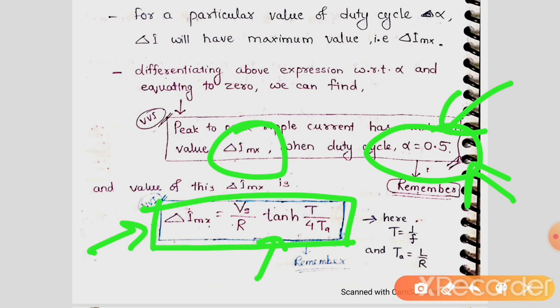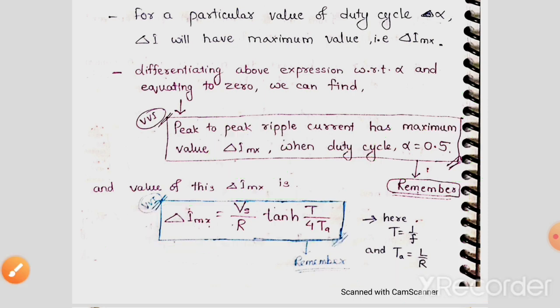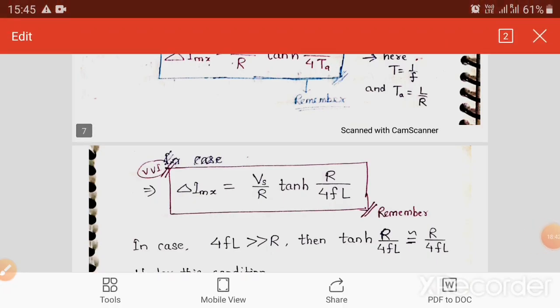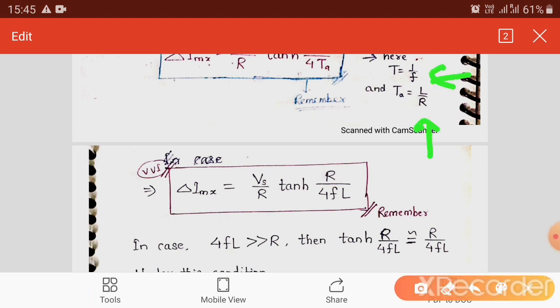Here this time period T is equal to 1 upon frequency F, and Ta is equal to L upon R. So putting T as 1 upon F and Ta as L upon R, we get the expression of delta I max as Vs upon R tanh R upon 4FL.